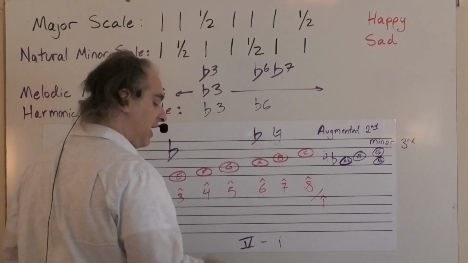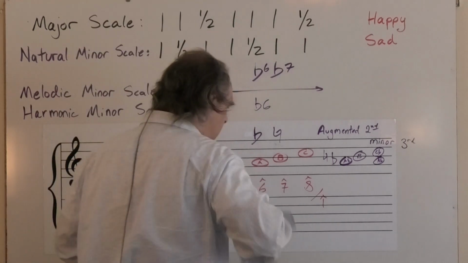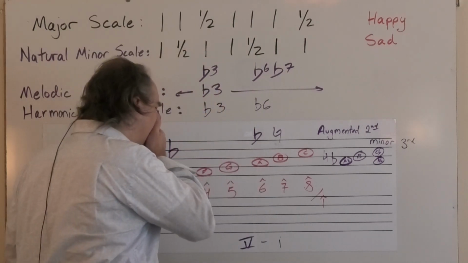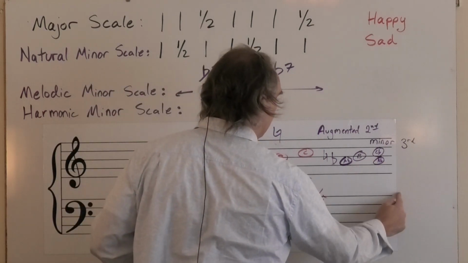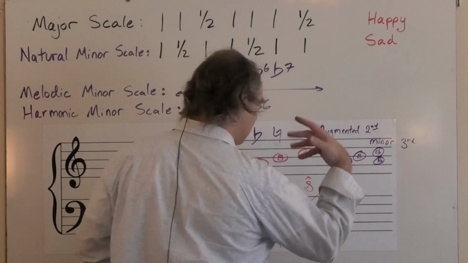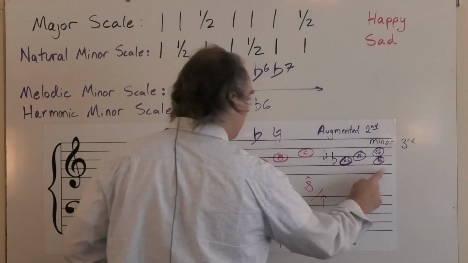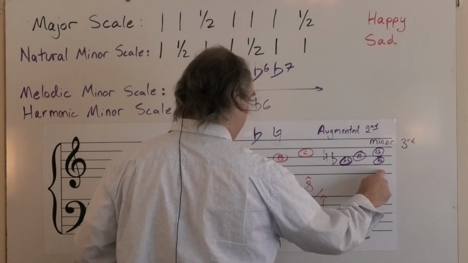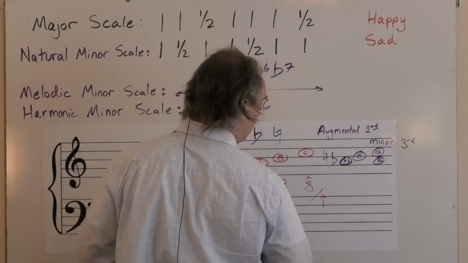They're the same notes on the piano because the piano is a fixed pitch instrument. You would be playing them at slightly different pitches, slightly higher or lower, depending on the scale you're in. And so that is a minor third.